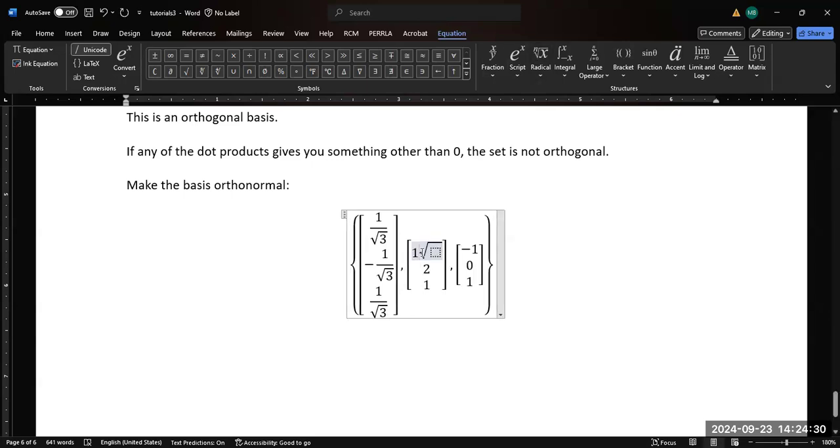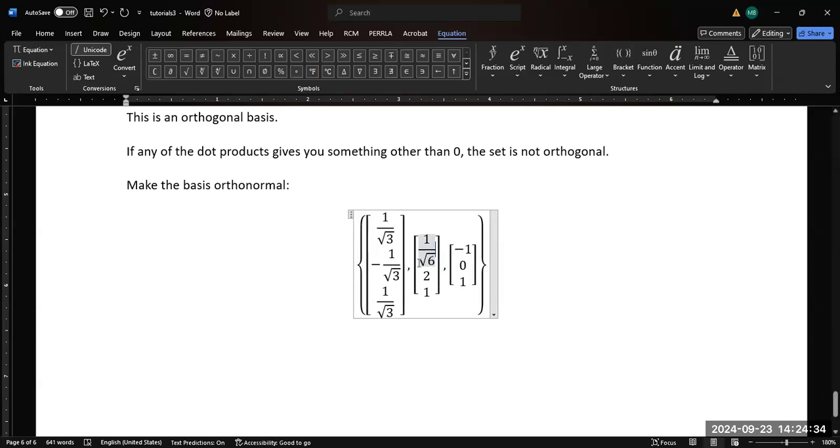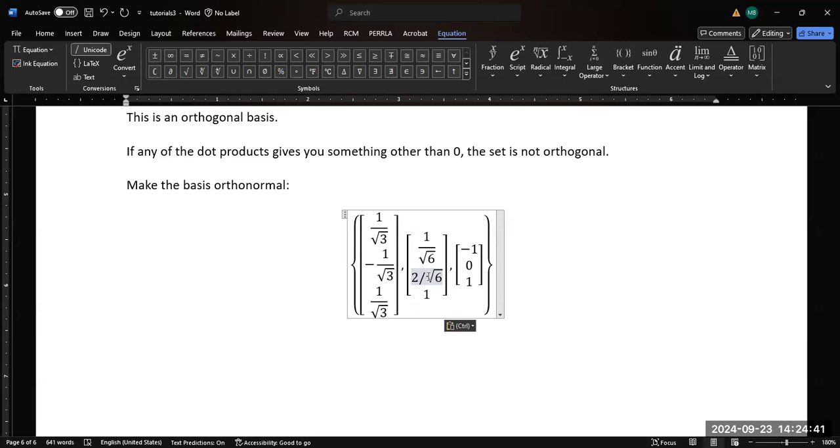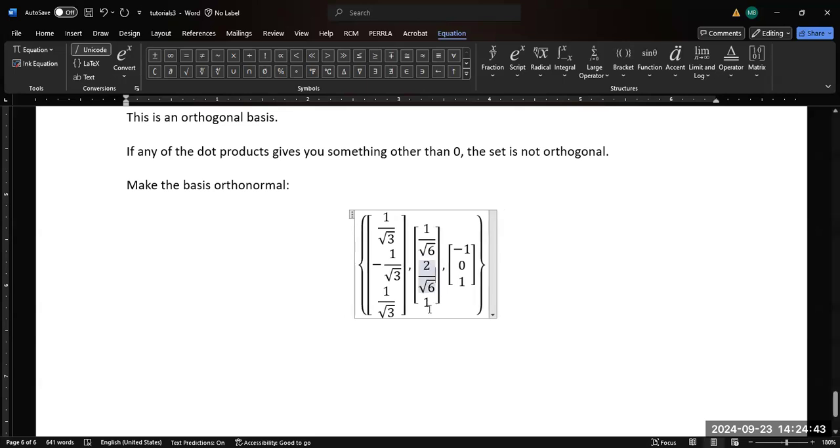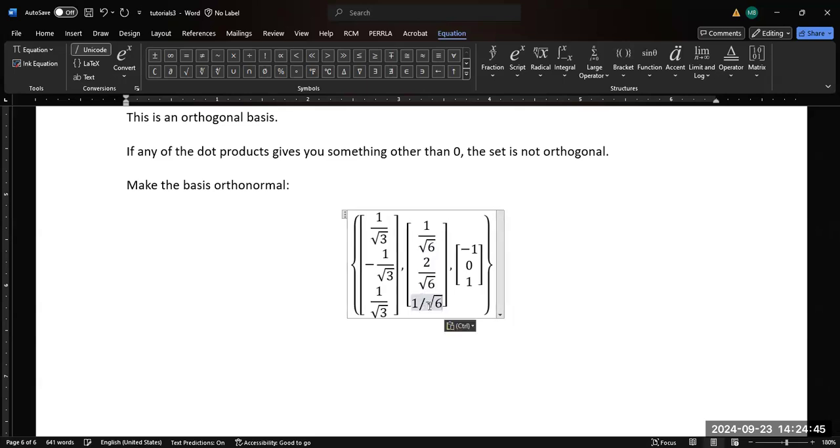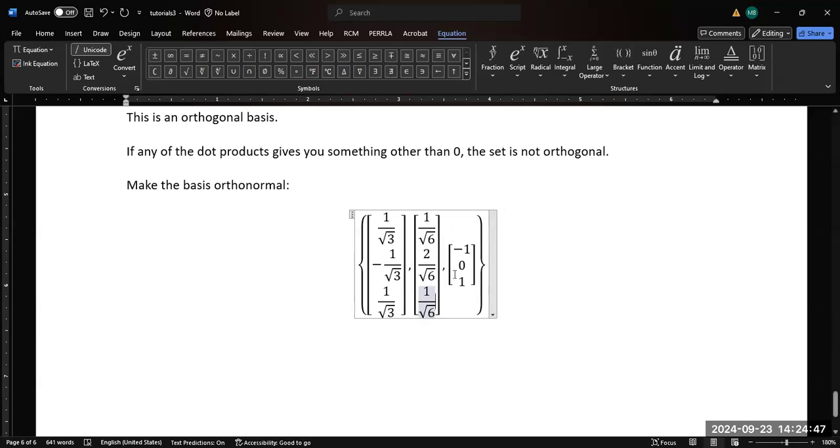So again, I have to divide everything by the square root of 6. Again, if you feel like rationalizing, that's perfectly fine with me. That doesn't always happen, but you can if you want to. And then it depends on your particular instructor, what their preferences are.